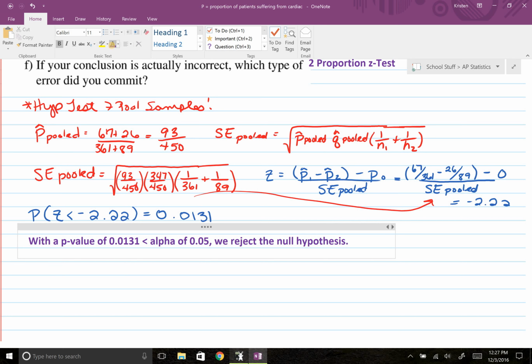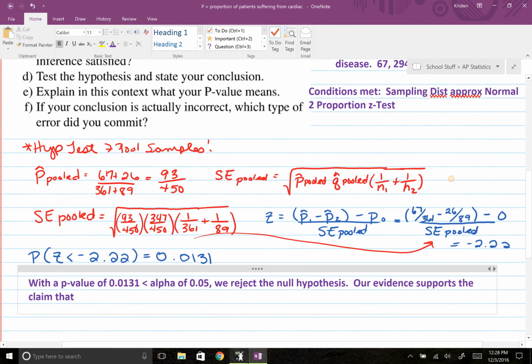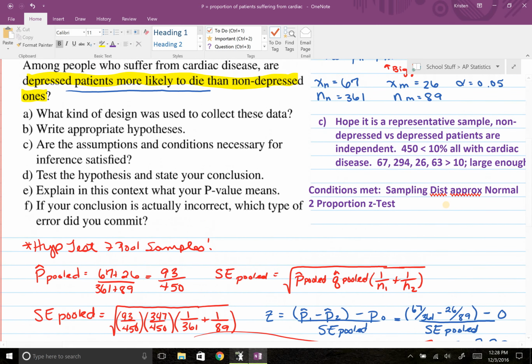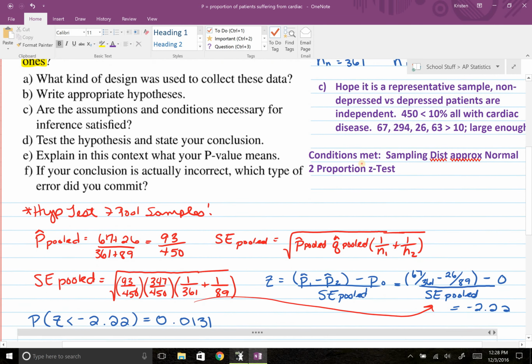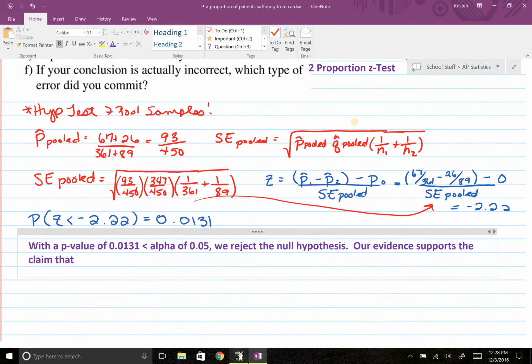Now we have to interpret that conclusion. And we get to state, our evidence supports the claim that, and we go back up to the problem, and we're basically going to say, depressed patients are more likely to die than non-depressed ones if they have cardiac disease.